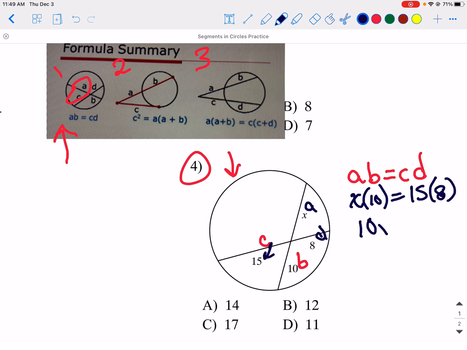So 10X equals, let's see what 15 times 8 is. 120. Divide by 10, you get 12. Okay. So I've got that.